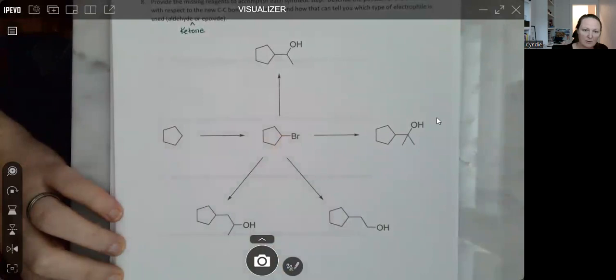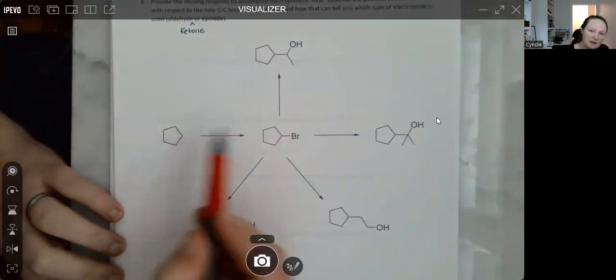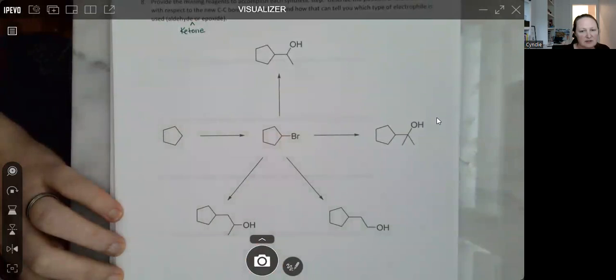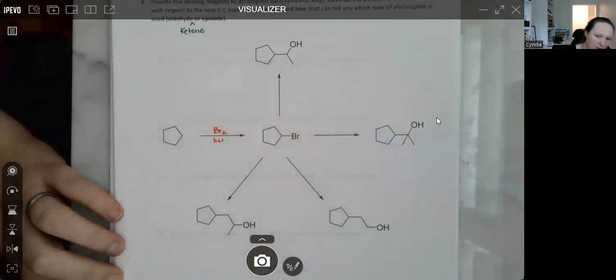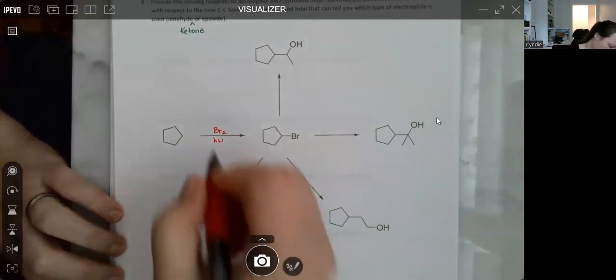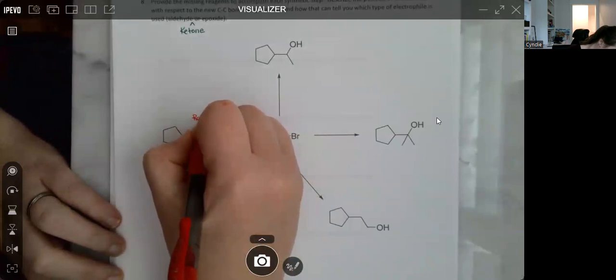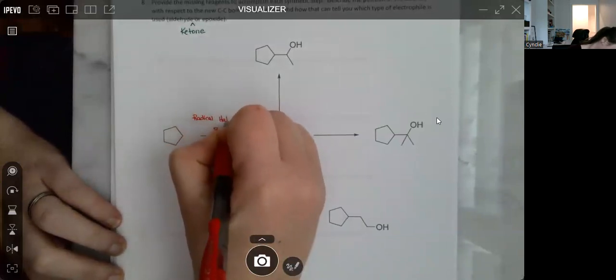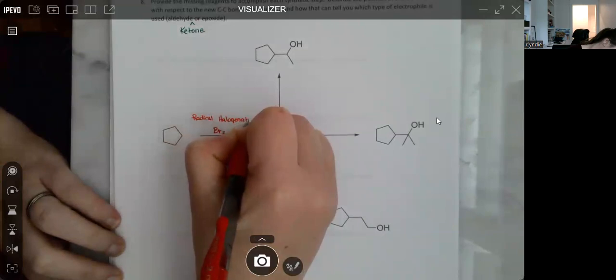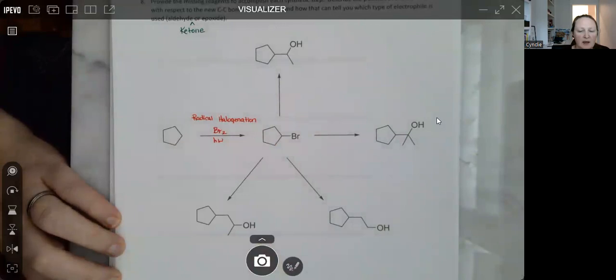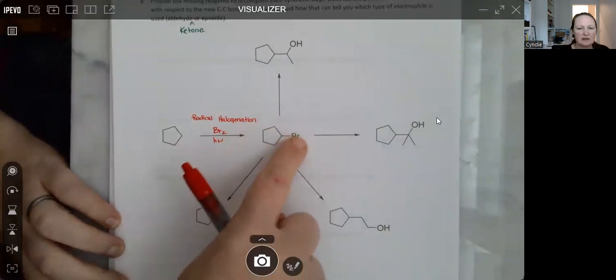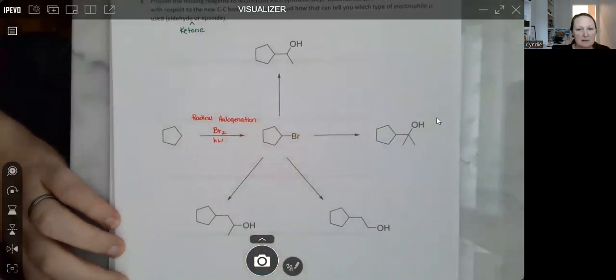We know that we can convert an alkane to an alkyl halide through radical halogenation, so we would want to use Br2 and heat or light to do this radical halogenation reaction. Always look and see what direction that arrow is pointing. Once we have the alkyl halide, this can be turned into a Grignard reagent with the treatment of magnesium metal, typically done in an ether solvent.